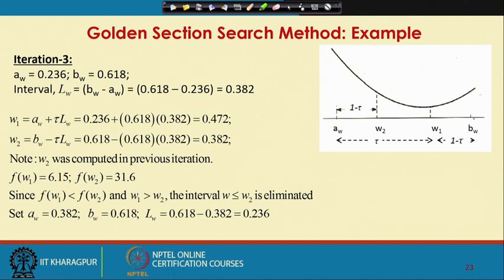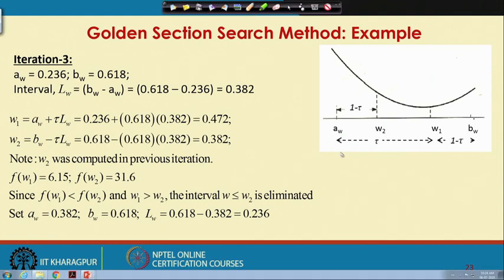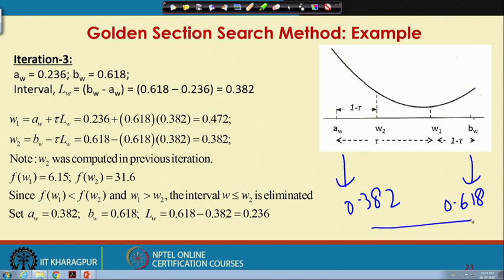If we proceed the same way, at the end of the third iteration you will see a_w reduces to 0.382 and b_w reduces to 0.618. So, L_w is this difference, 0.236.